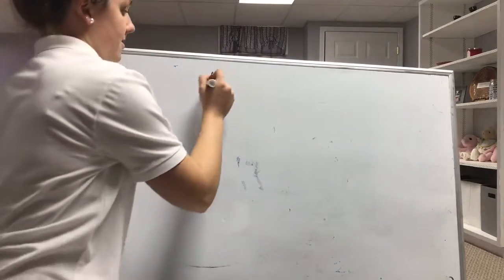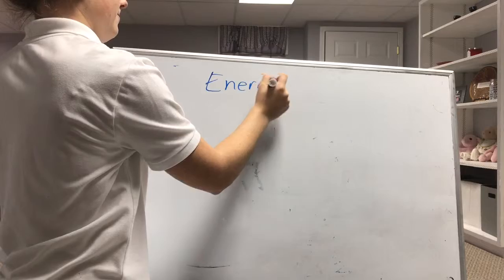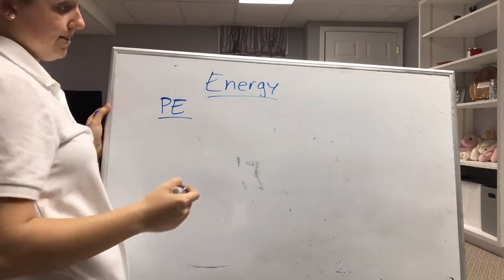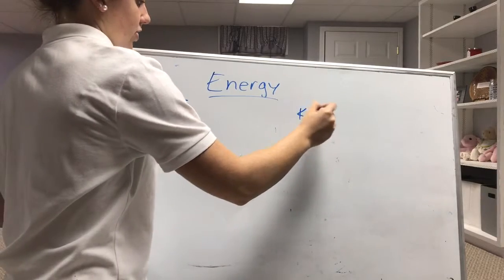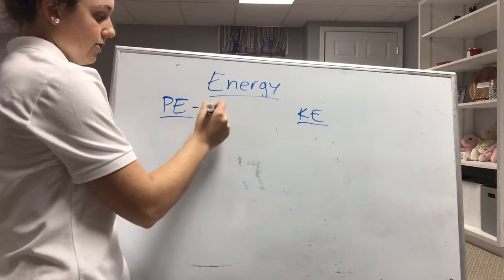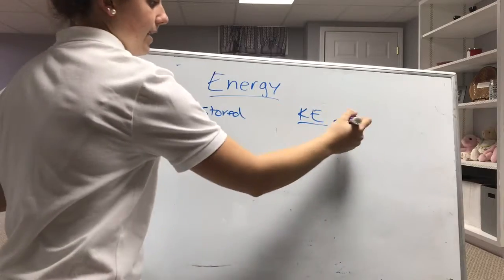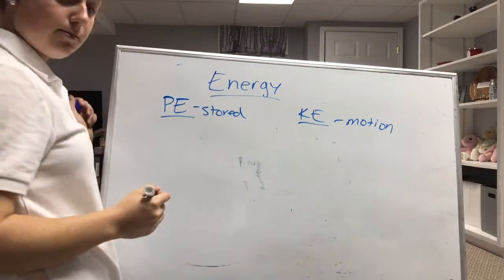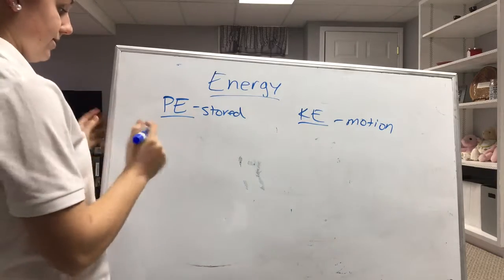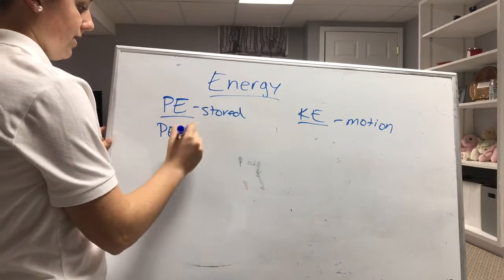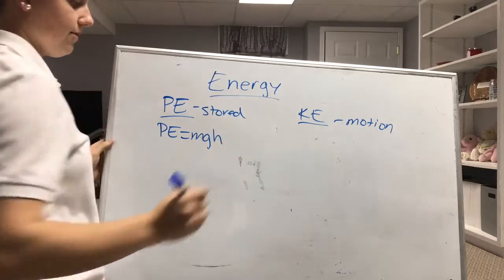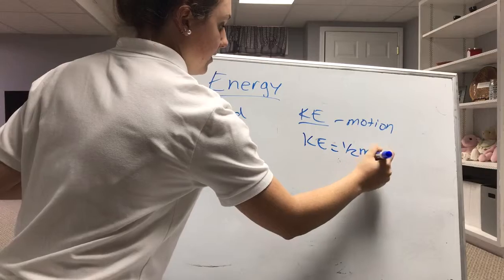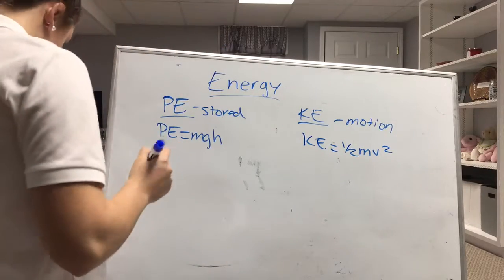Now, energy can either be potential energy, which we can represent by PE, or kinetic energy, KE. Potential energy is stored. Kinetic energy is energy in motion. The equations for both of these, which can be found in your physics reference table, are potential energy equals mgh, for the height, and kinetic energy equals 1/2 mv squared, for velocity.